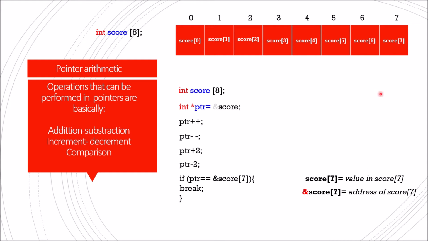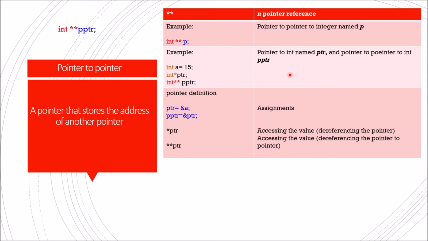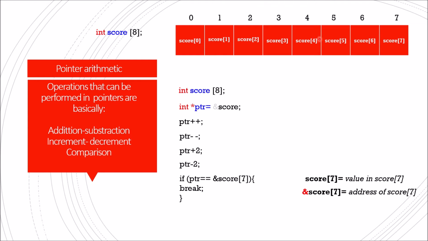However, if you apply the address operator, you don't mean what's the value inside here, but actually what's the address in which we have this value. So in this position 7, what's the address of this position 7, by placing this operator. So now, let's review this in a practice code.